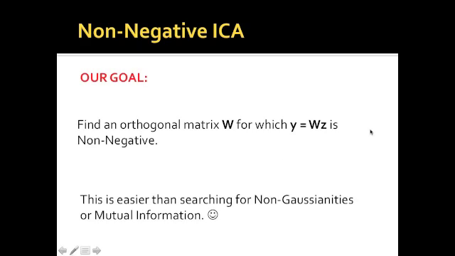So our goal is to find an orthogonal matrix W for which Y is non-negative. It's way simpler than classic ICA. It's much easier than searching for non-Gaussianities or mutual information.